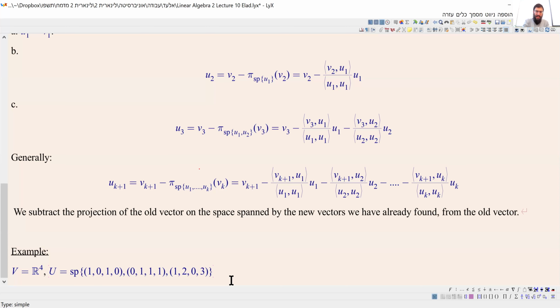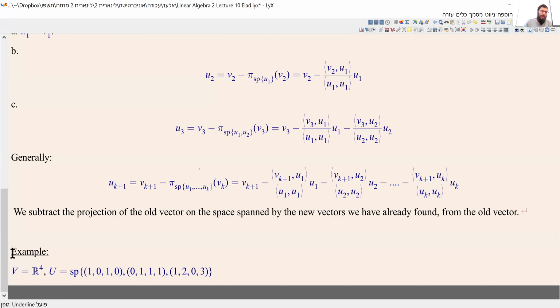For the space itself, here in our example R4, we can talk about the standard basis, one with everything else zero, and it should be fine. It's an orthonormal basis. But for a subspace, we are given, or at least we can find, a basis. How do we find an orthogonal basis? So here Gram-Schmidt comes to help a friend, as we say in Hebrew.